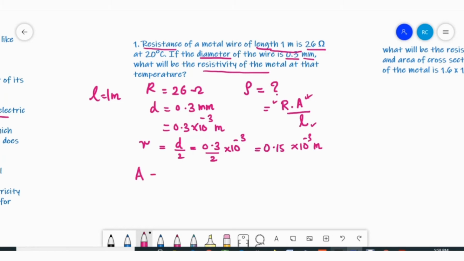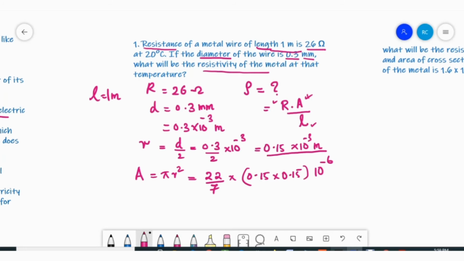A is equal to pi r square. Pi you can take as 22 by 7 or 3.14, anything is fine. R square means 0.15 into 10 to the power of minus 3, squared. If you square it, you will get 10 to the power of minus 6. So this is the area of cross section.